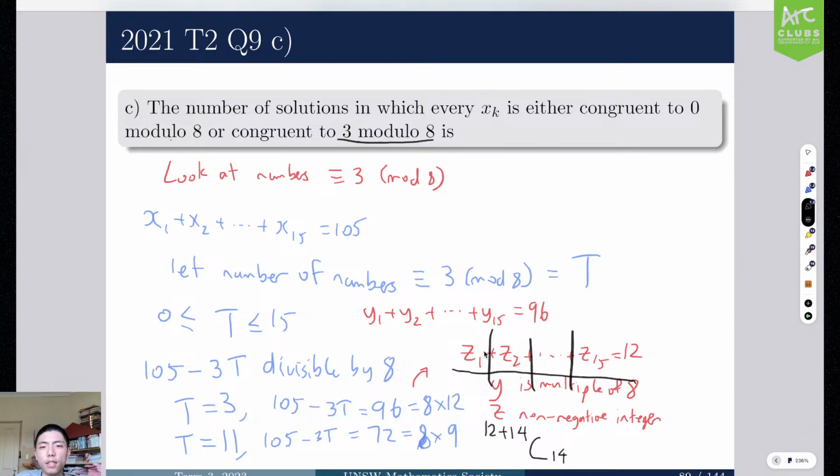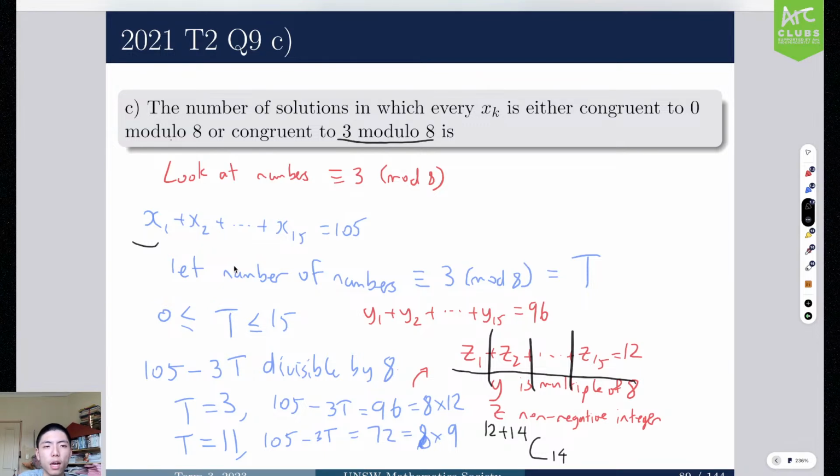Okay, the next thing that we need to do though is pick which ones were the ones that were congruent to 3 mod 8, right? So I could have picked x1, x2, and x15 to be the ones that are congruent to 3 mod 8, or I could have picked x1, x2, and x3, and so on. So now we need to multiply by the number of ways that we can pick the numbers that are congruent to 3 mod 8.